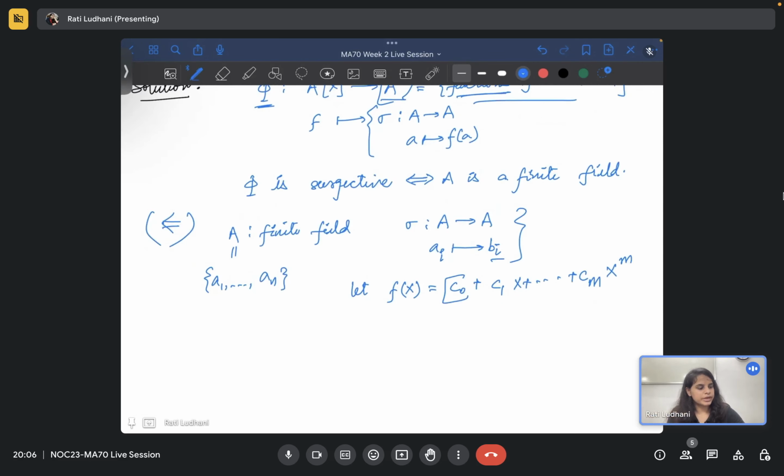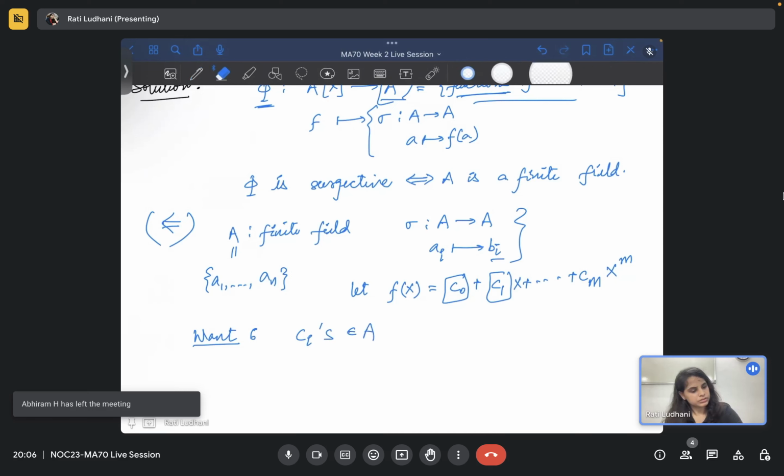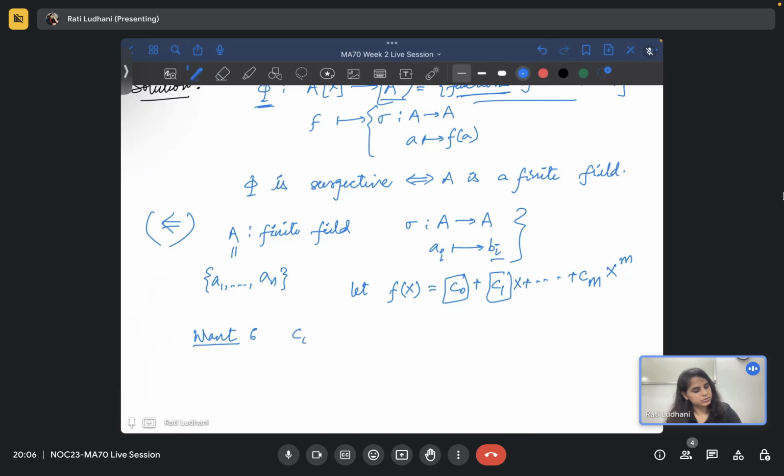If I can find the coefficients c_i belonging to A such that f of a_i is equal to b_i.